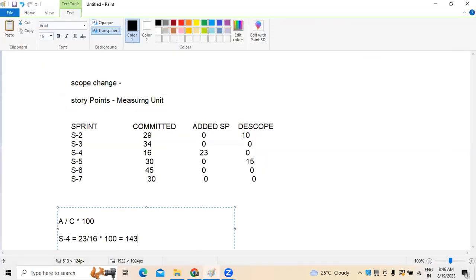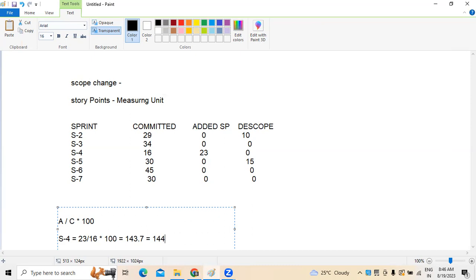143.7, which is equivalent to about 144, right? So this is where we can see the increase of scope.